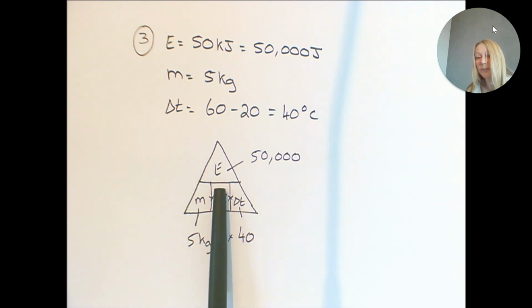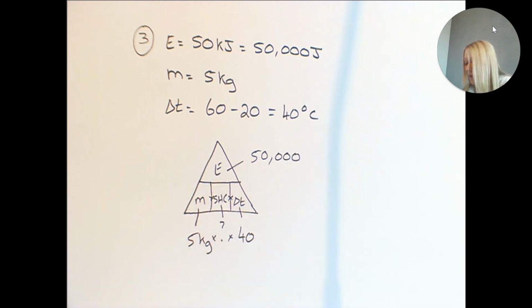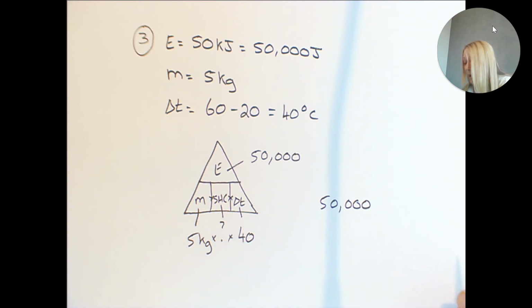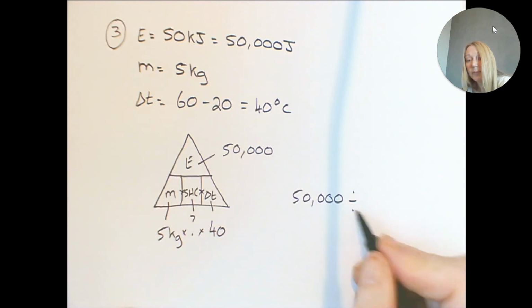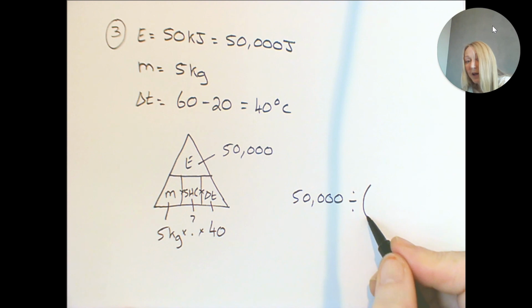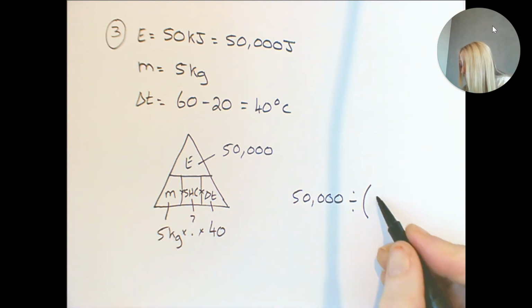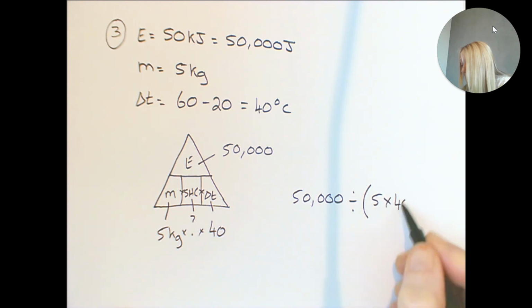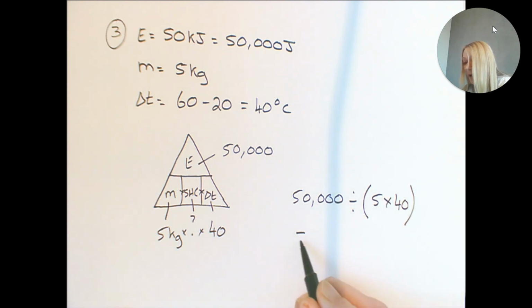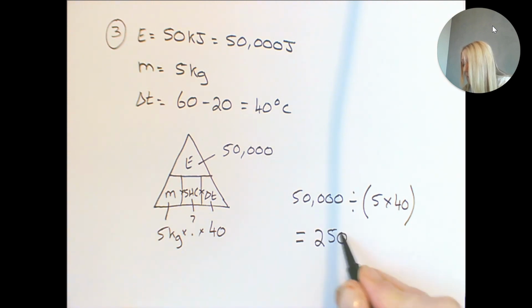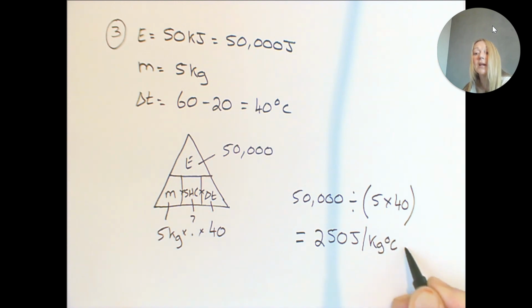We're going to cover up this, which gives us 50,000 divided by, remember your brackets, 5 times 40. And if we plug that into the calculator, it gives us 250 joules per kilogram degree, and that's the specific heat capacity of that material.